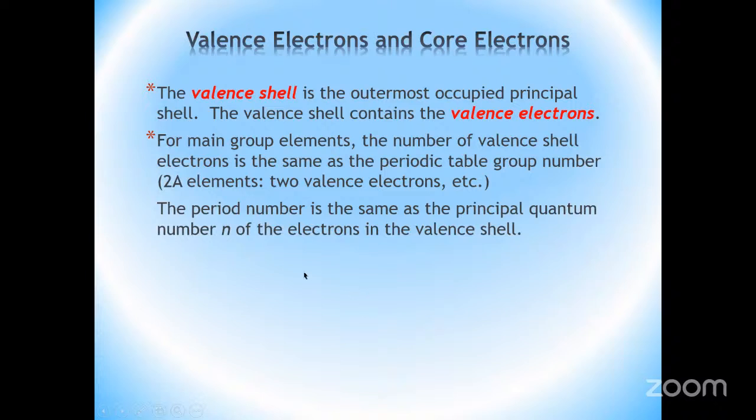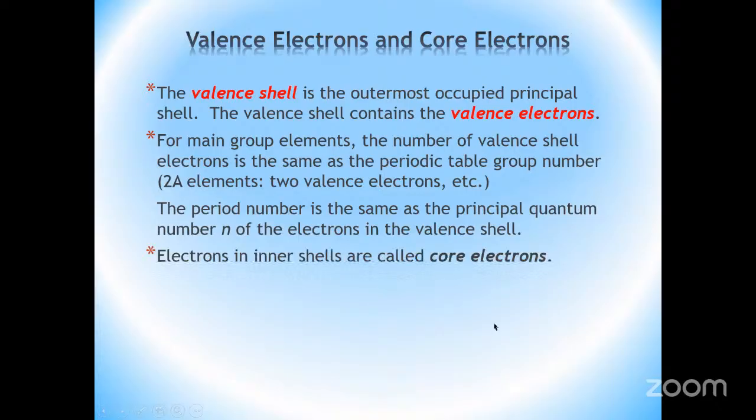For example, atoms in the first period have electrons in the first shell, and for period 2, the valence shell would be the second shell, and so on. So that's the valence electrons.